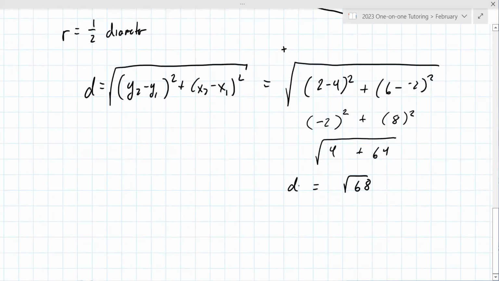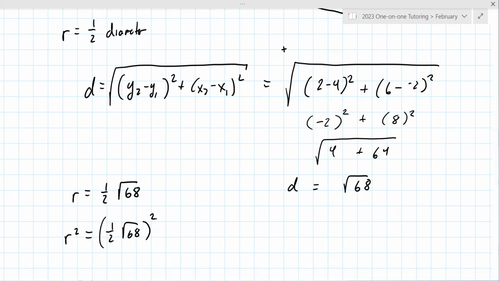So we want to take half the diameter. The radius is half of the square root of 68. But if we want r squared, we're going to square it. Take half of it and then square it.